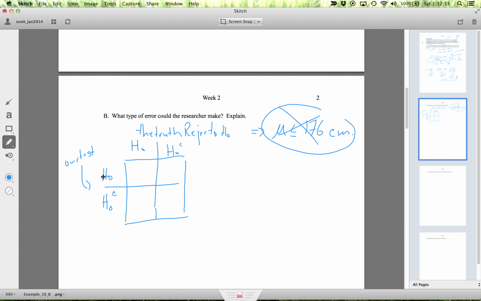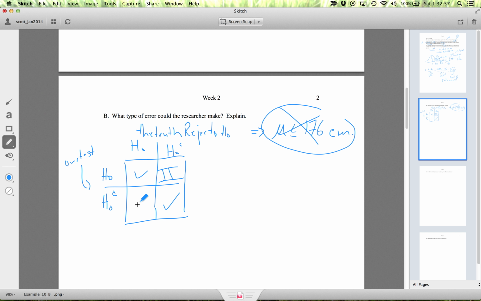If our test says that H naught is true and H naught actually is true, no problems there. If our test says not to believe H naught and H naught is actually not true, no problems there either. If our test says that H naught is true, but in the real world H naught is not true, this is called a type 2 error.